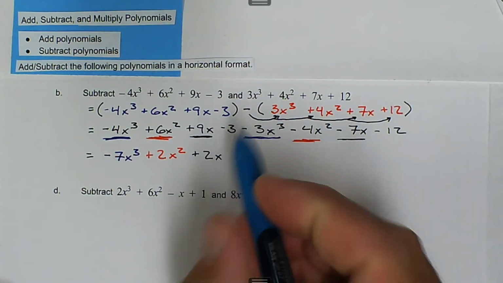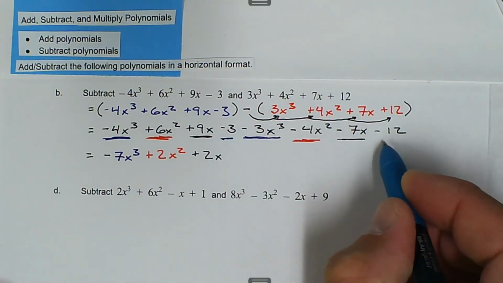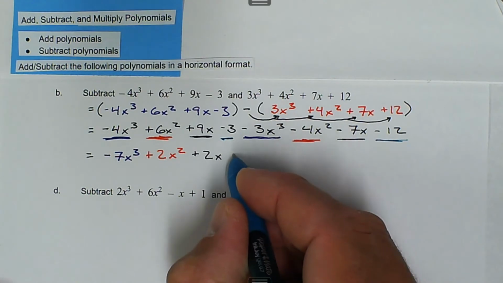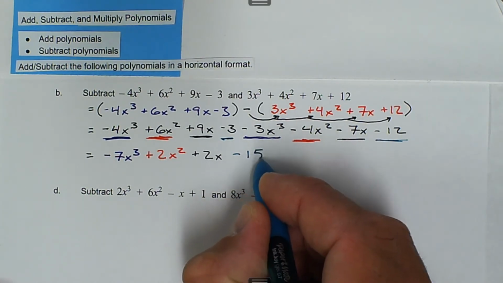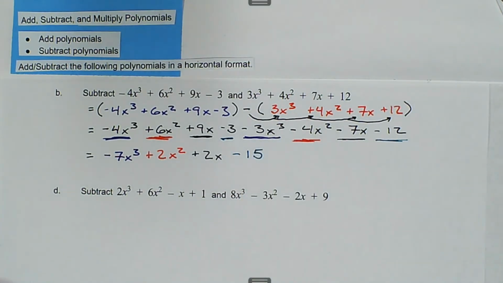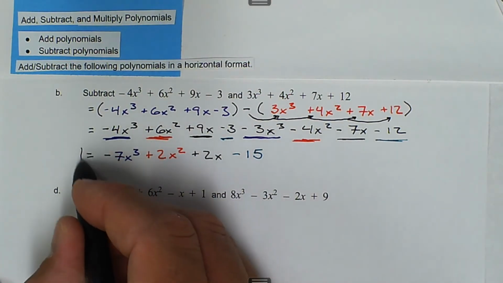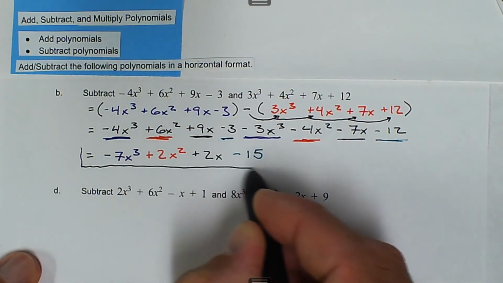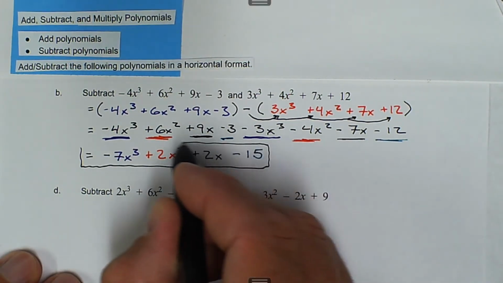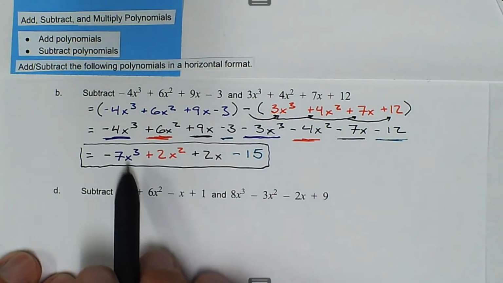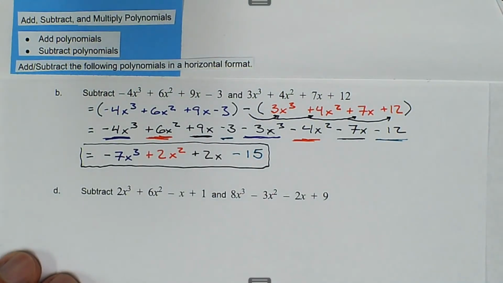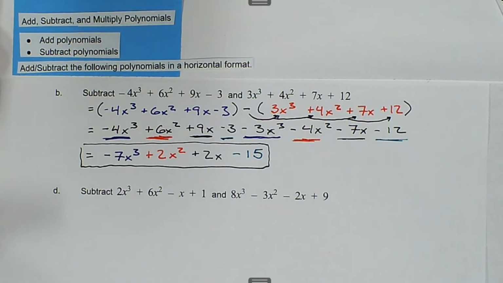And then the constant term, we have negative 3 minus 12, that becomes negative 15. These two polynomials are subtracted, and this answer is written in standard form with the highest degree written first.